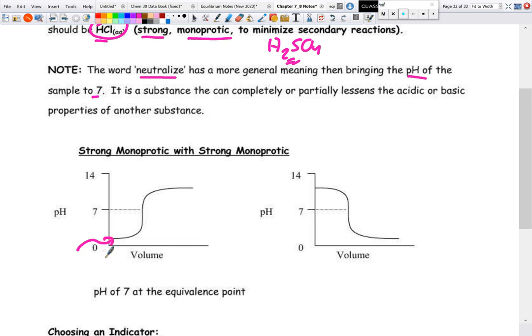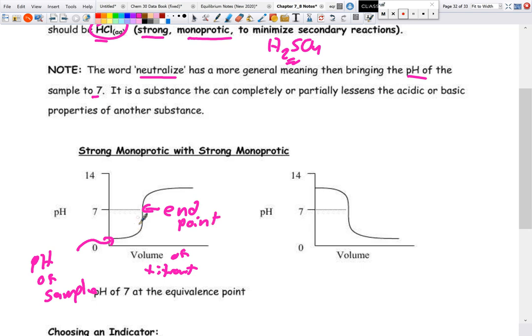We can tell that the pH starting here is the pH of our sample. As we start adding our titrant, which is the volume of titrant added, we can tell that it starts going up a little bit. Then we have the steepest portion right here, and right here in the middle, this is the endpoint.